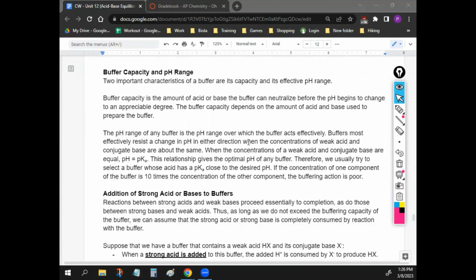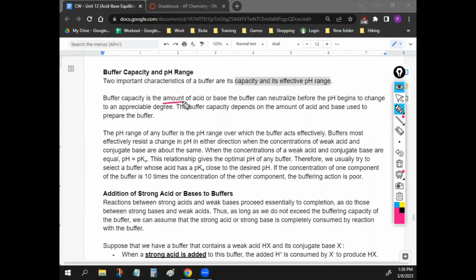Okay, so when you are looking at a buffer, the two important characteristics of a buffer are capacity and effective pH range. Okay, capacity. Make sure you guys jot that down somewhere. Capacity and effective pH range. Okay, so capacity is very simple.